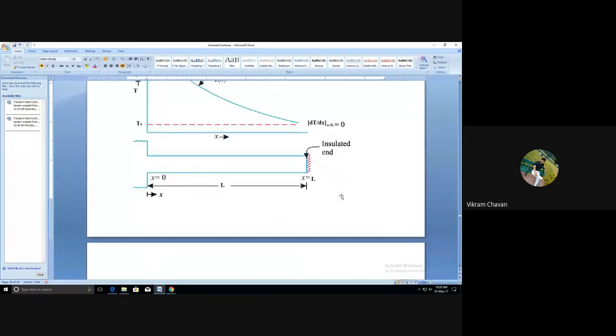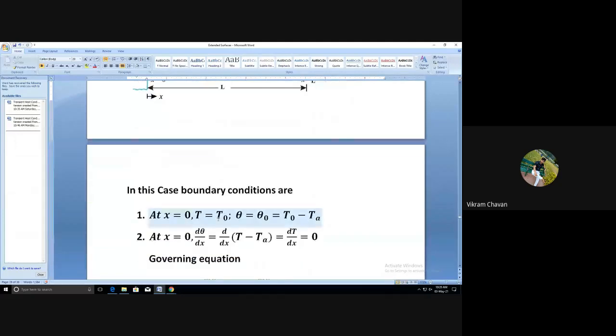So let us consider the boundary conditions. Write down the first boundary condition: at x is equal to 0, T becomes T naught.